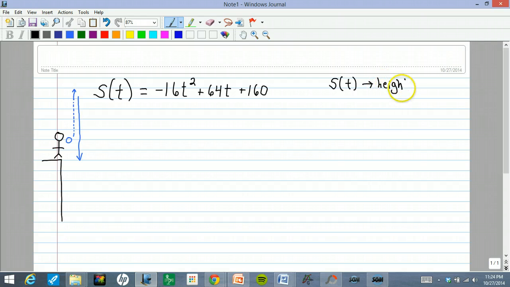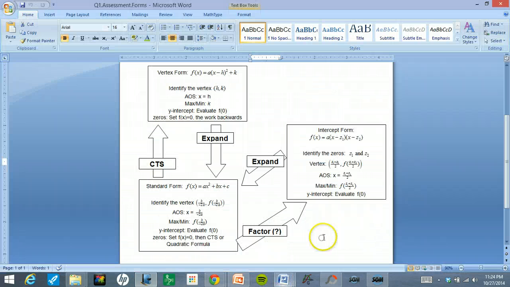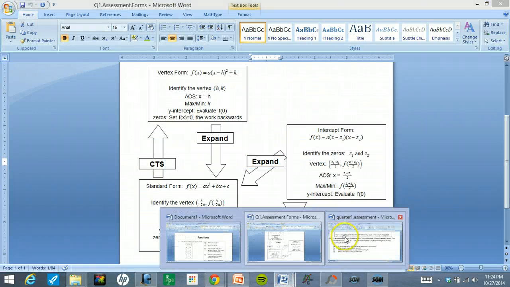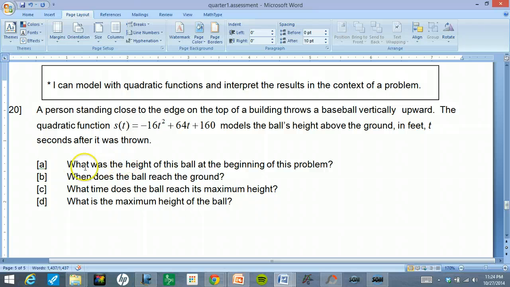We're either going to be given a height and then asked to find time, or we're going to be given a time and then we can find the height. So let's go back and read that problem. What was the height? So we need to determine height.